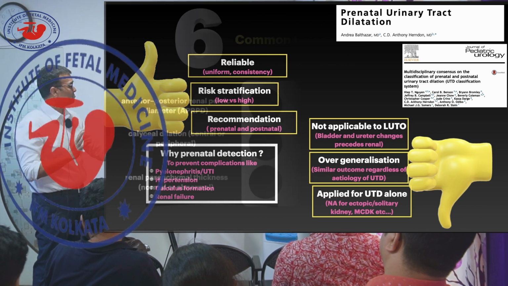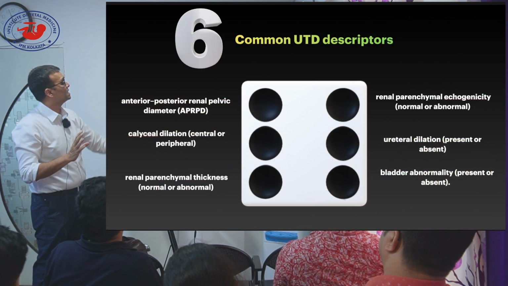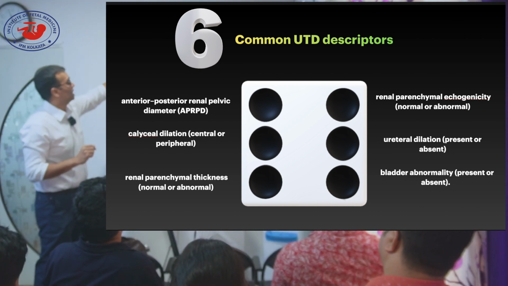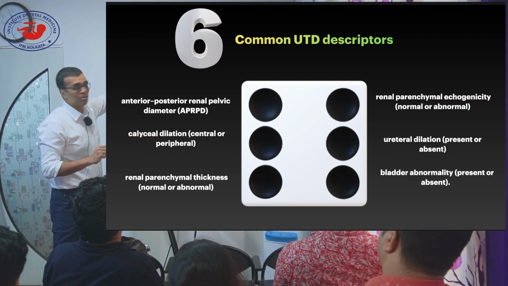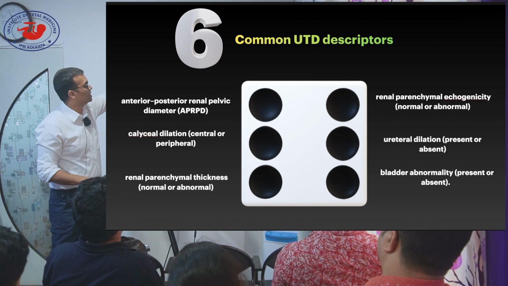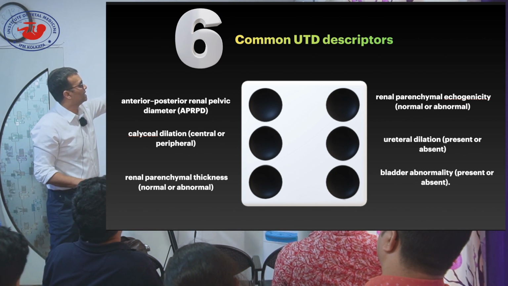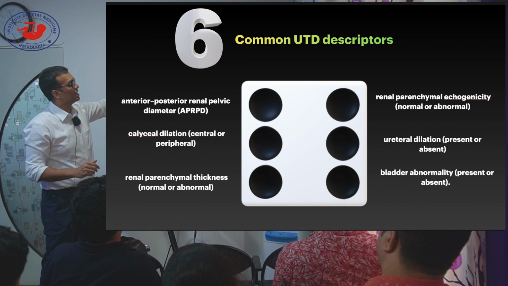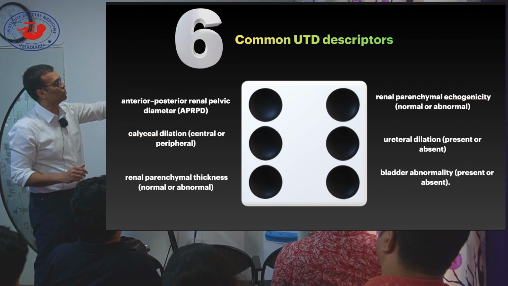These are the 6 common descriptors of this paper, like AP diameter, like we were discussing. So AP diameter is already included in this. Then calyceal dilatation, both central and peripheral. Then you will look at the renal parenchymal thickness and renal parenchymal echogenicity.